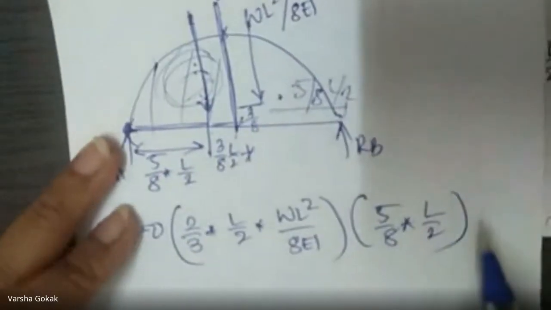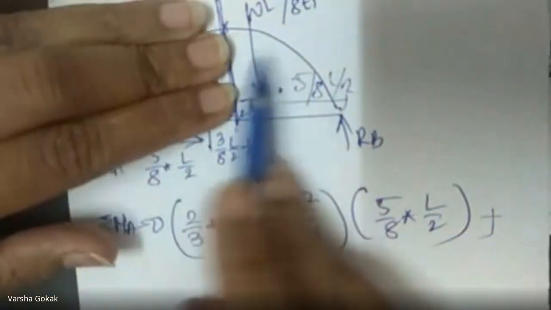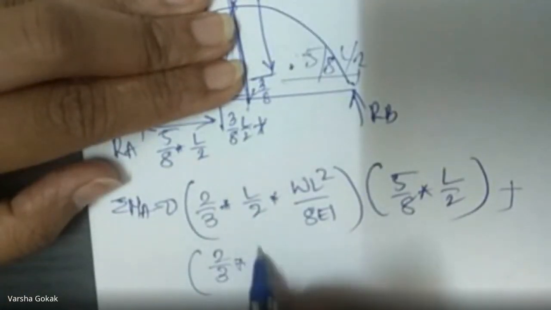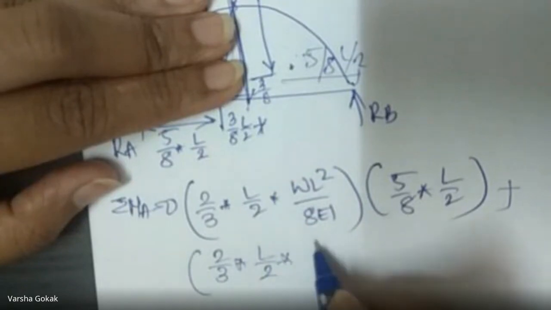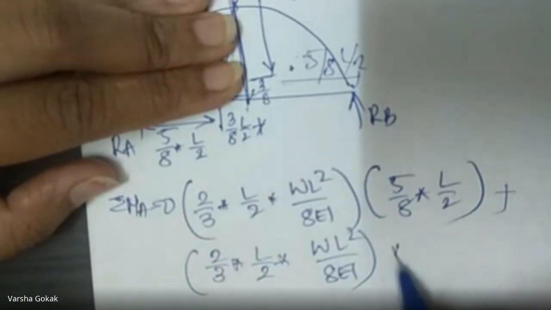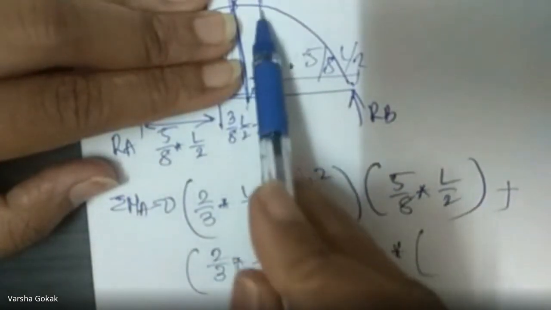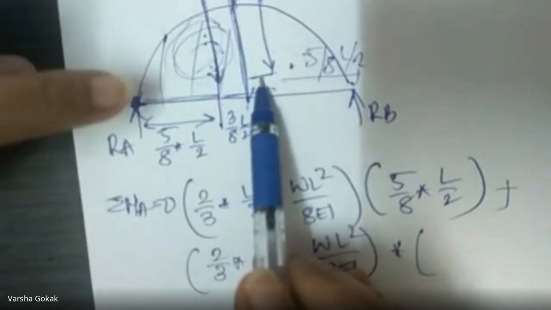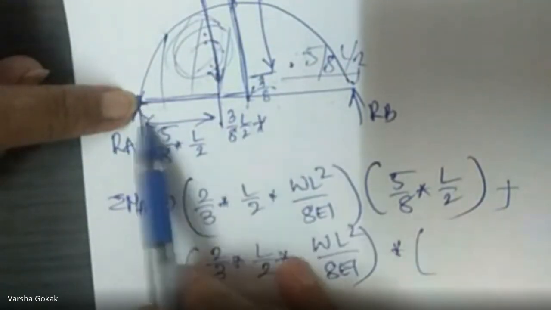Then plus, now we'll go to the second remaining part of the parabola. Its area first: 2/3 base L by 2, W L square by 8 EI is the height. Into CG, the CG of this individual is 3/8 of L by 2. But when I'm taking moment here, I have to add this distance. So how I'll write?